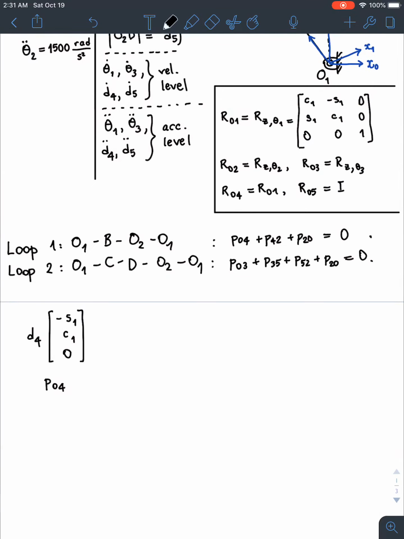So this is going to be minus A2 times Y2, and the components of Y2 can be read off from the second column of the R02 matrix. So this is going to be minus A2 times minus sine 2, cosine 2, and 0.